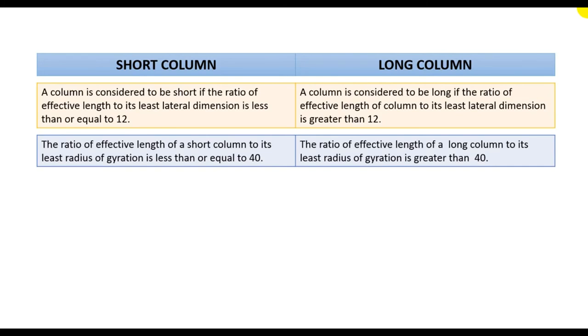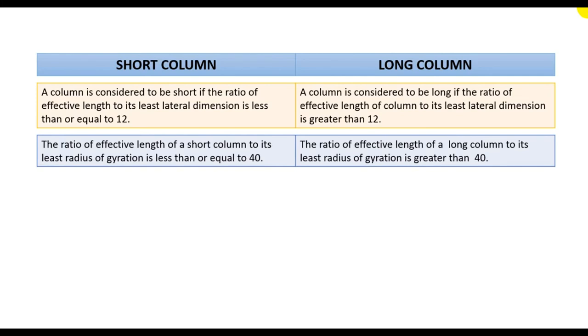For that you can find the video in my playlist, civil engineering basic knowledge, about how we find the effective length of a column. Almost all columns with fixed support have an effective length of 0.5 of the total length. So half of the total length is the effective length.